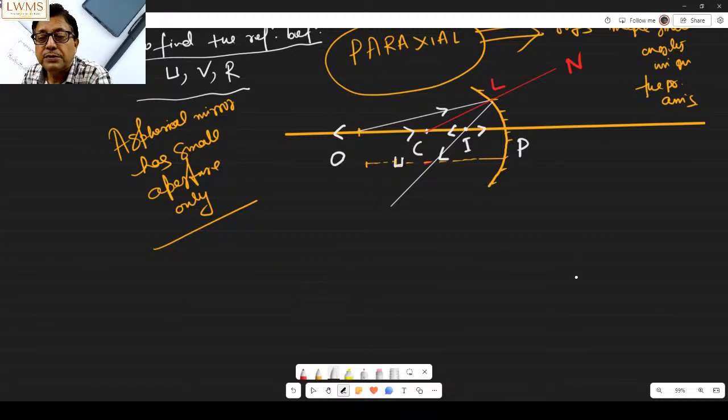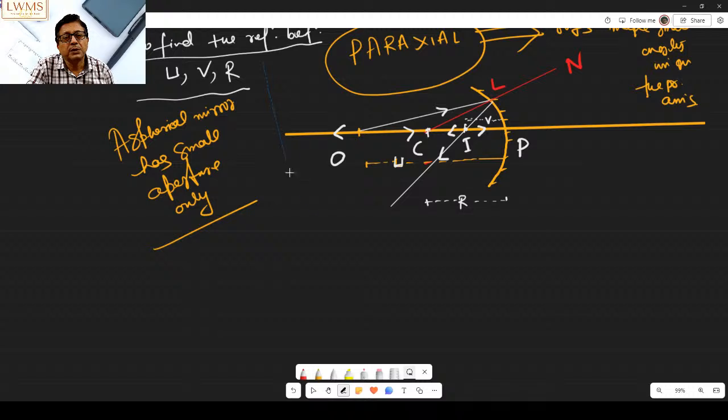This part is going to be v. Center to pole, that distance, this is the radius of curvature. Quite obvious. You understand? u, v and R.